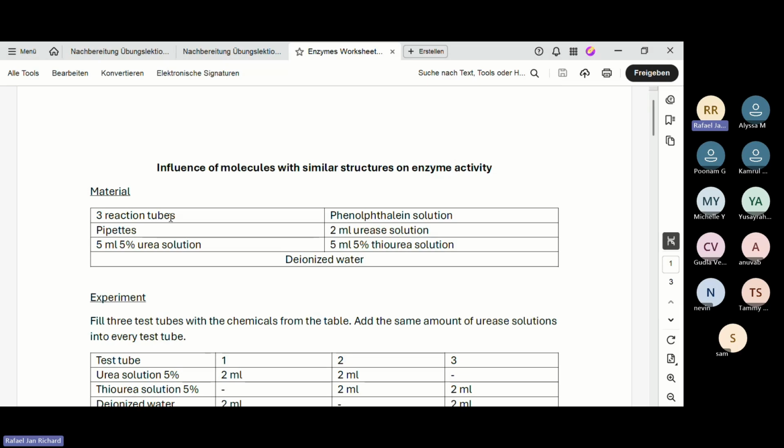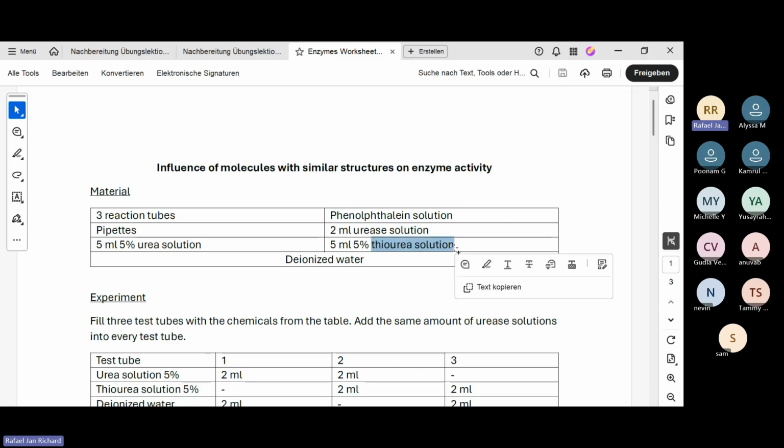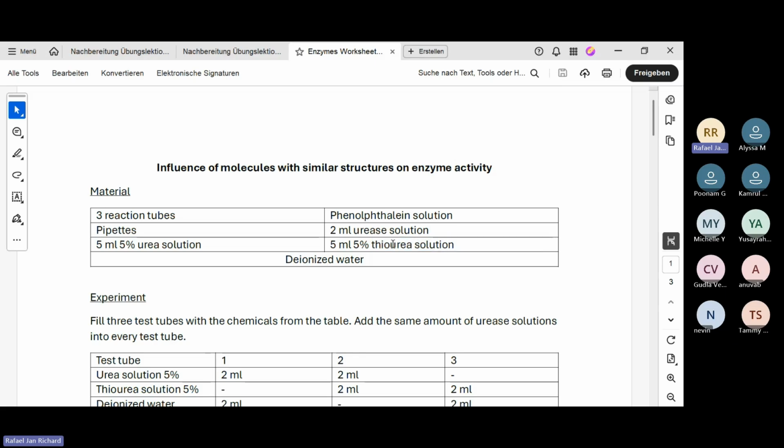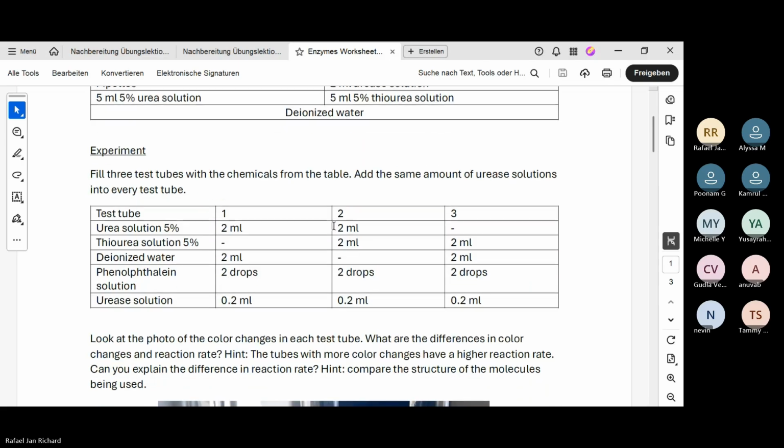You also need reaction tubes, pipettes, urea, which is the substrate, an indicator solution, which causes a color change, the urease solution, and the thiourea solution, which has a similar structure to urea, but there isn't a reaction that can happen inside the urease enzyme.